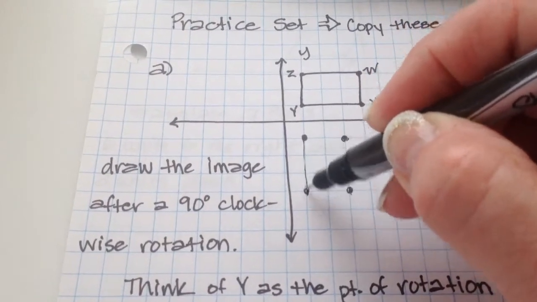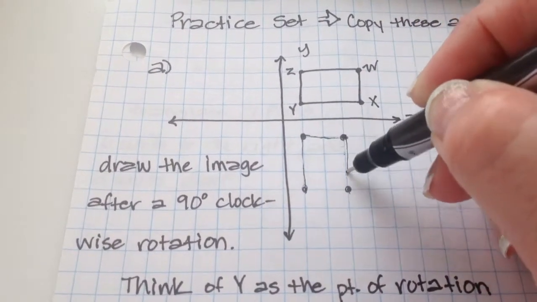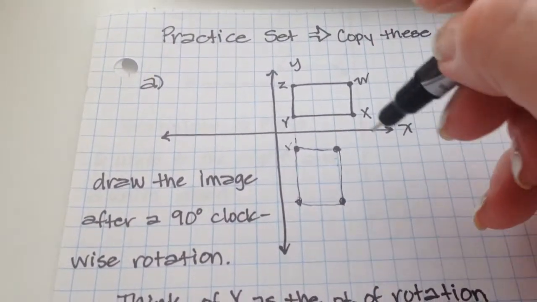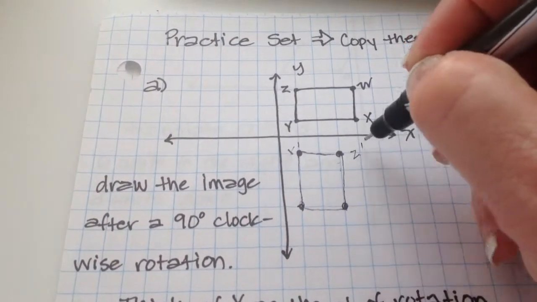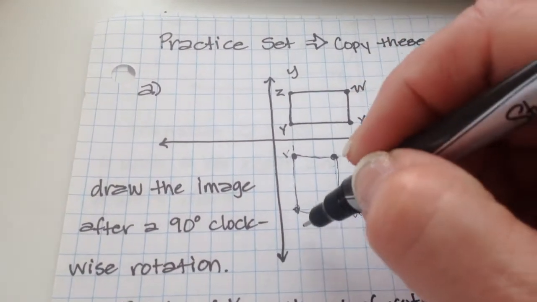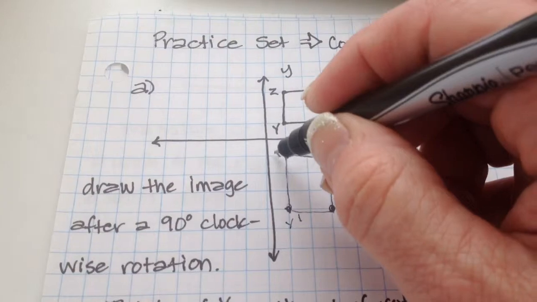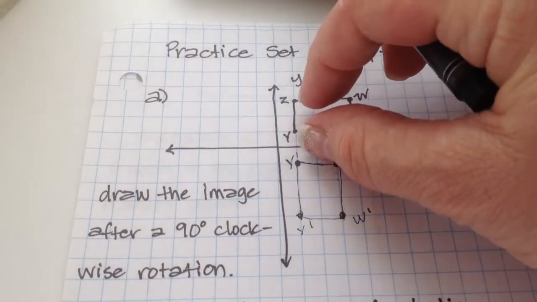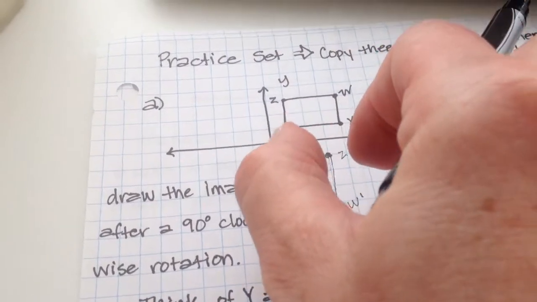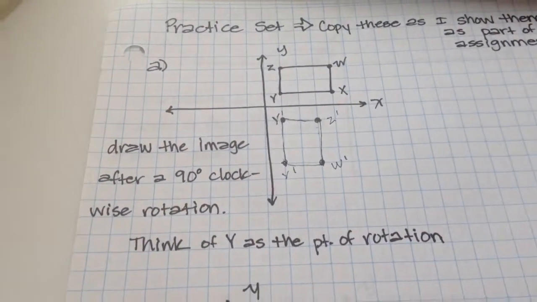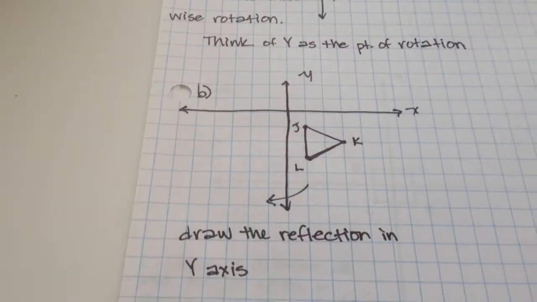So I have Y1, Z1, W1, X1. This is a Y1. So you can see that I just took this and I rotated it by 90 degrees. Okay? I know. Don't worry. It gets easier.